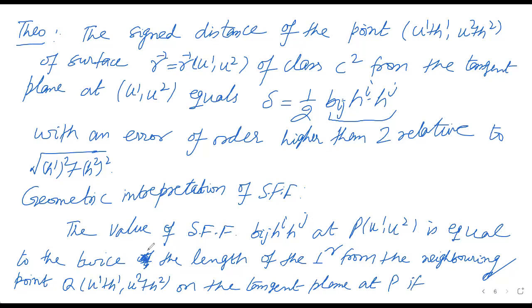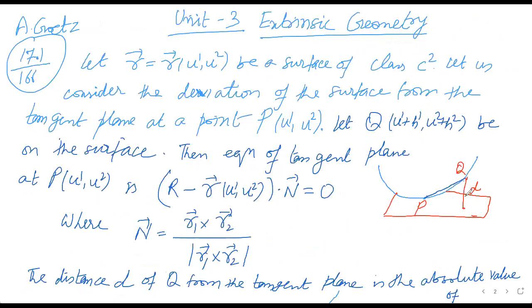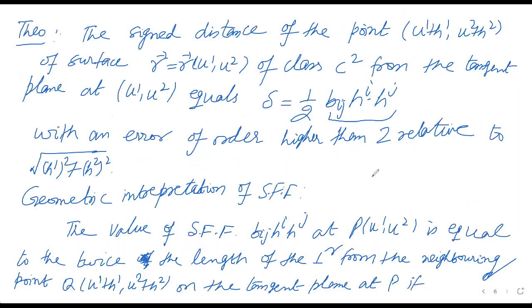It is equal to twice the length of perpendicular, ये लेंथ ऑफ परपेंडिकुलर तो आपका जो मैंने प्लॉट किया था ये, है ना, 2D, so this is equal to twice delta, here you can say.